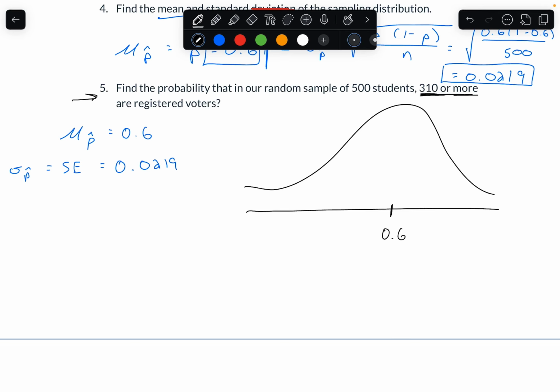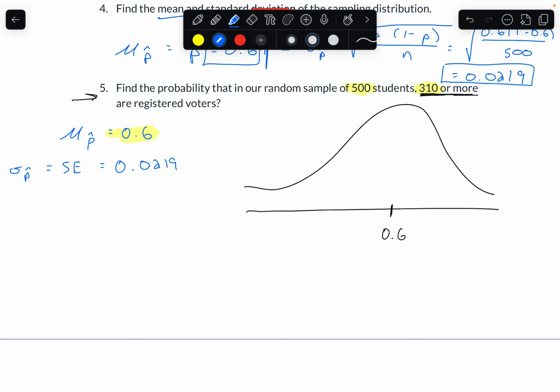And usually when we talk about this, we're going to talk about a data value. Now, one thing I'm going to highlight here is that this is a proportion. Here they're giving us a raw number of 310 or more. So I need to find a way to make that 310 into a proportion. Well, luckily for me, I know that that 310 is out of my 500 students.